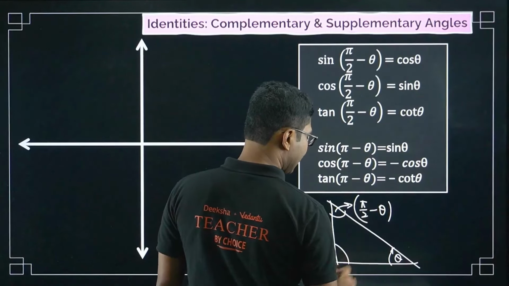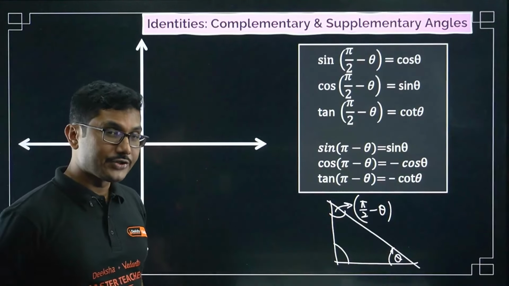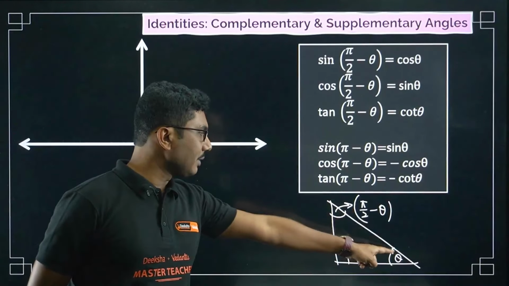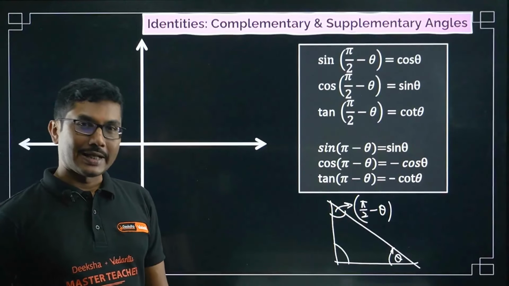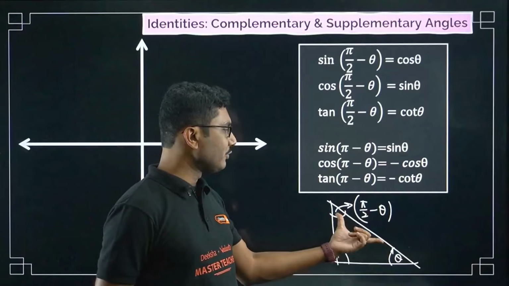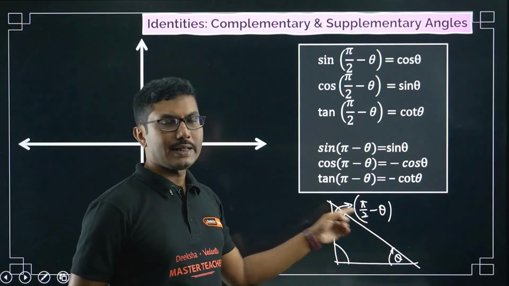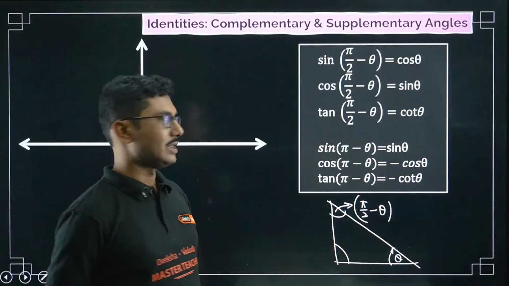We know that the three angles of a triangle always give you 180 degree. So this angle plus this angle are always 90 degree, because the third angle is 90 degree, right? So if you add these two angles, you will always get 90 degree. That's why these two angles are called complementary angles. They complement each other, right?